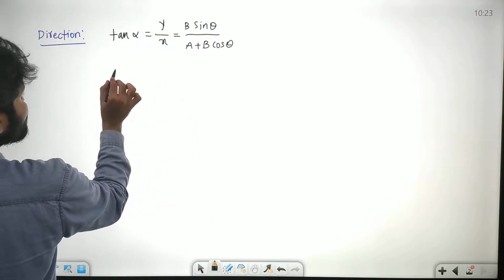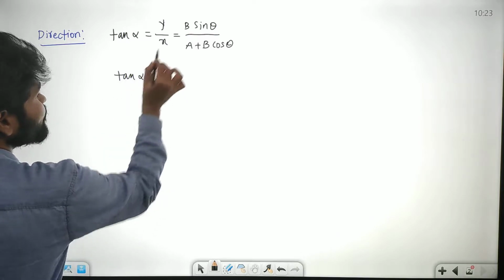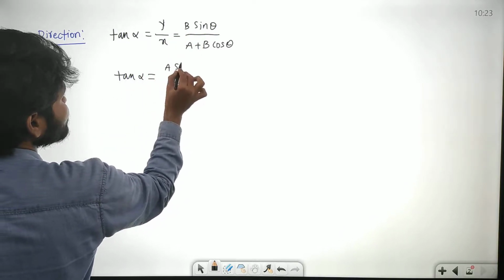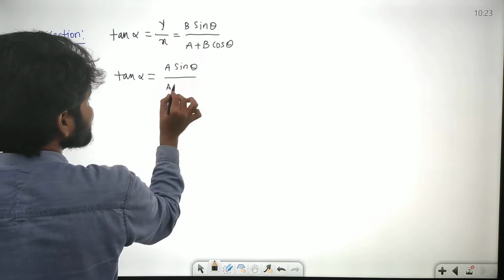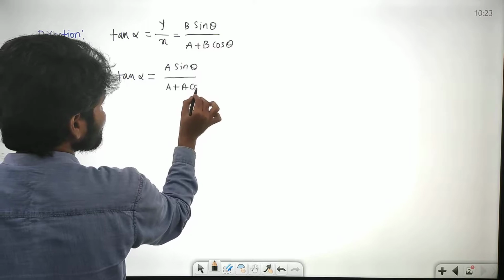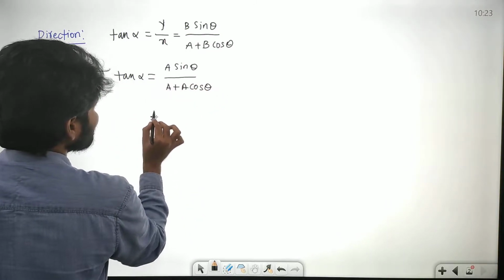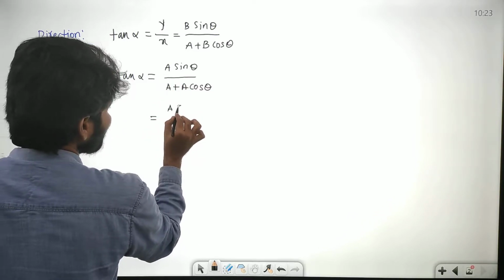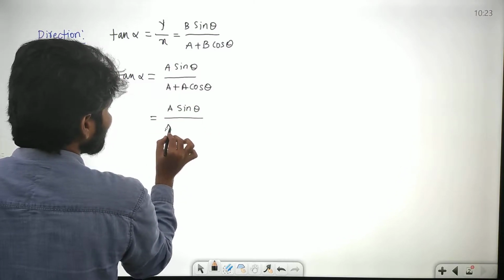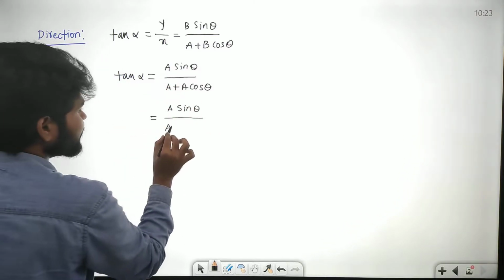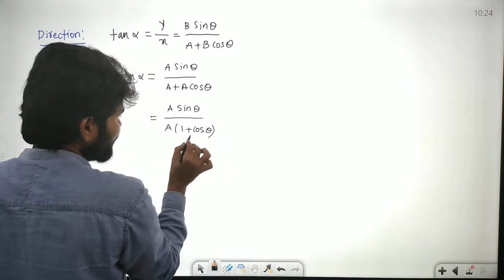Now substitute: tan alpha equals a sin theta, and b is nothing but a cos theta. Right? Now take the second step: a sin theta divided by, I took the common a, then I got 1 plus cos theta. Hope you understand.